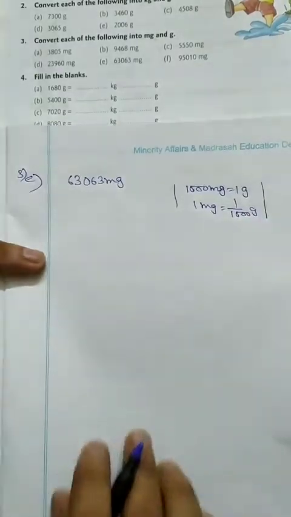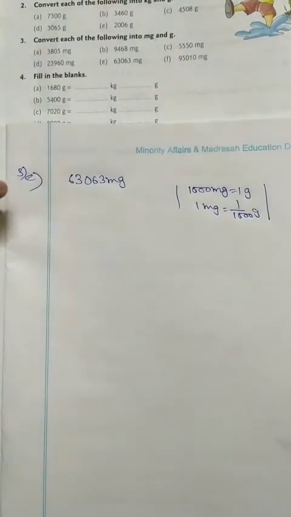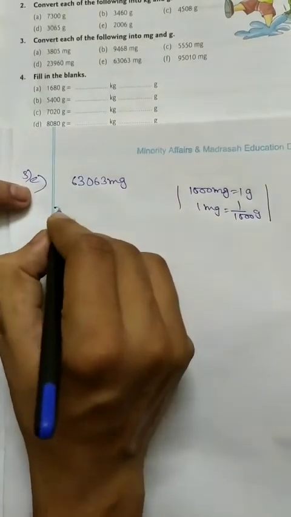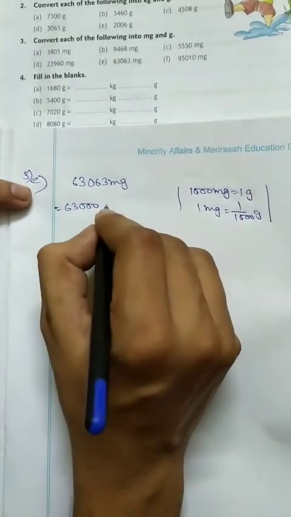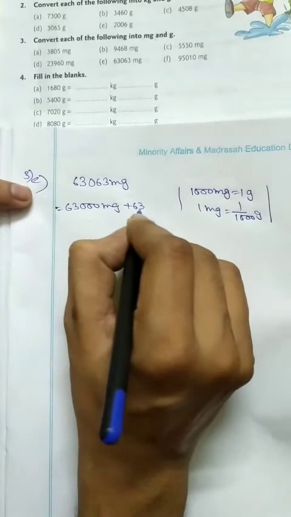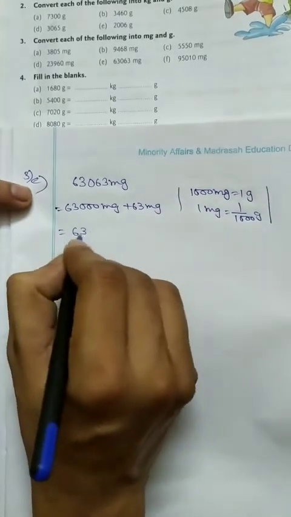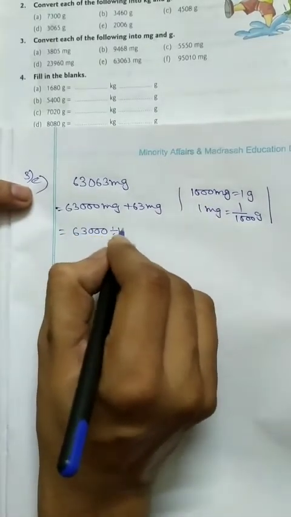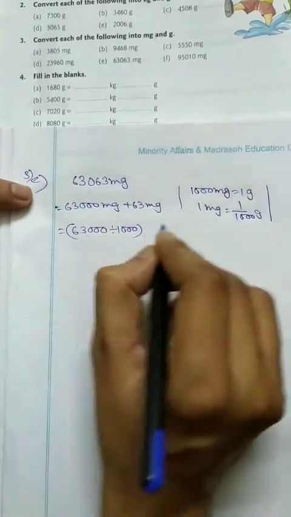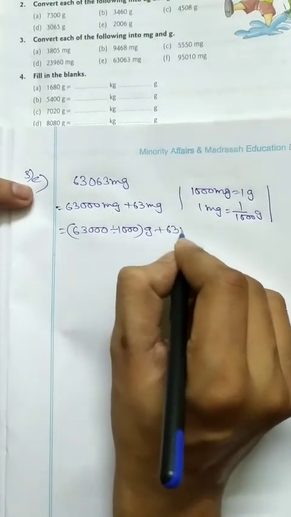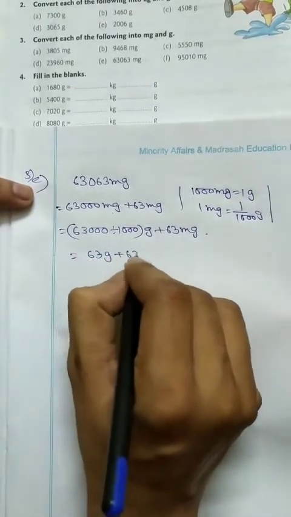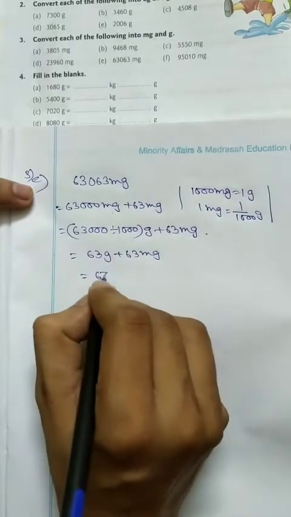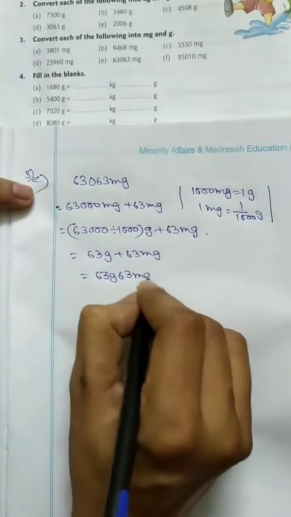That is, when we divide by 1000 the unit of milligram, we get gram. We write this as 63,000 milligram plus 63 milligram, and 63,000 divided by 1000, milligram converted into gram, plus 63 milligram, then we have 63 gram plus 63 milligram, that is 63 gram 63 milligram.